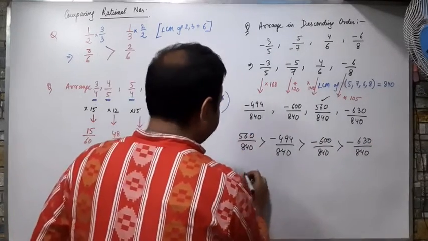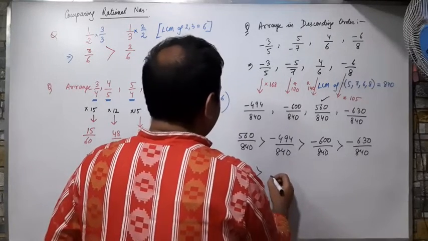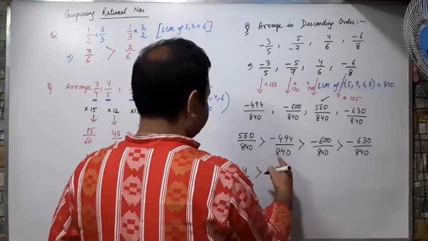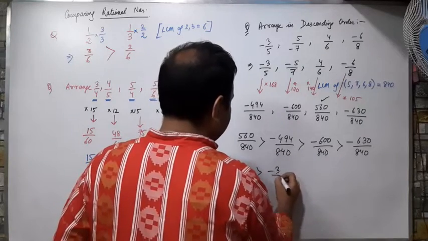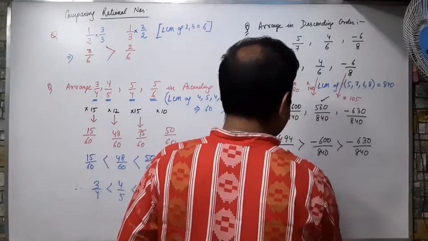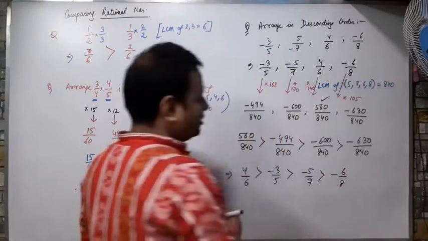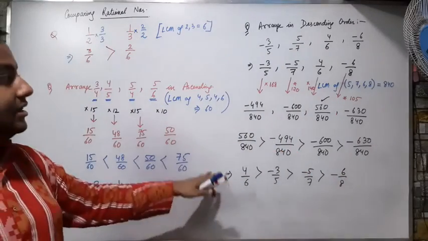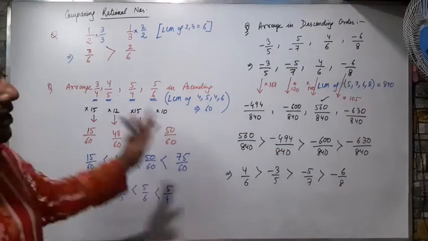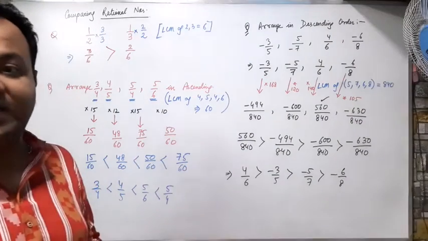I am getting 4 by 6 is greater than minus 3 by 5 is greater than minus 5 by 7 is greater than minus 6 by 8. So this is my answer. This is how I have to compare the rational numbers depending on their ascending or descending forms.